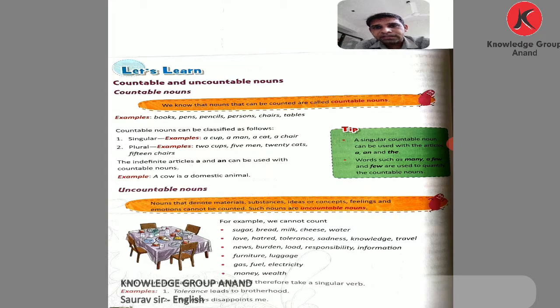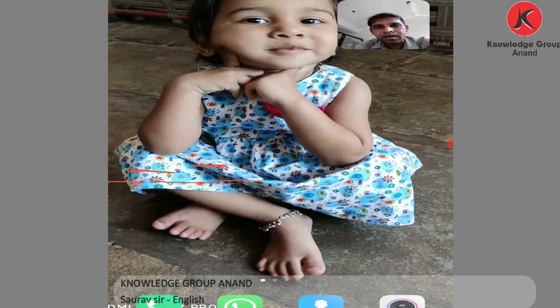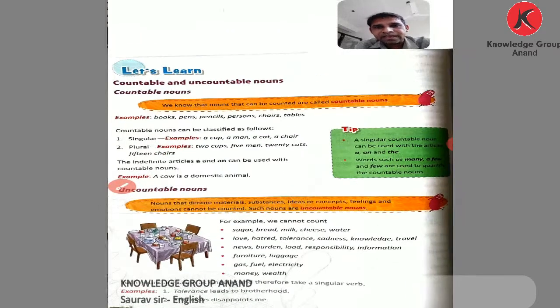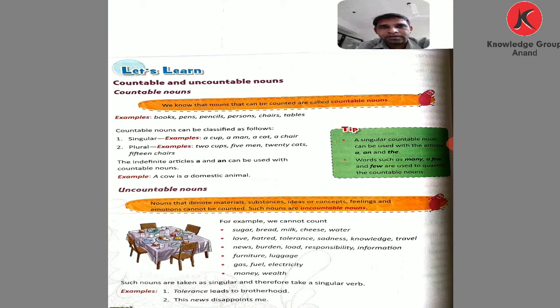Now see, the indefinite article a can be used with countable nouns. How? The example: a cow is a domestic animal. A cow is a domestic animal. Then the second, not given but I say, a boy is a good student.